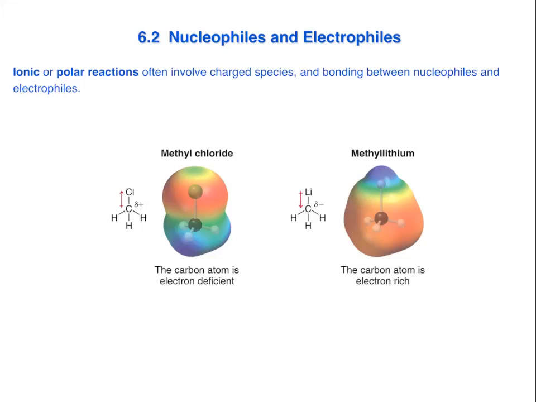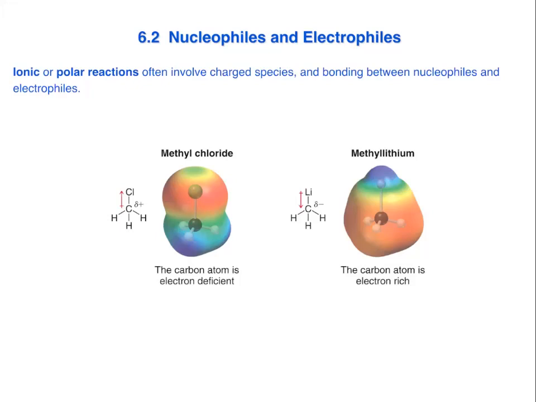Now, what's receiving that electron density in a reaction would be called the electrophile. The electrophile will generally be a species that is somewhat electron deficient relative to the nucleophile. So it's always going to be a relative perspective, in the sense that you're comparing two molecules and asking yourself which molecule is most likely to donate electron density, and which of those two molecules is willing and most likely to accept electron density.